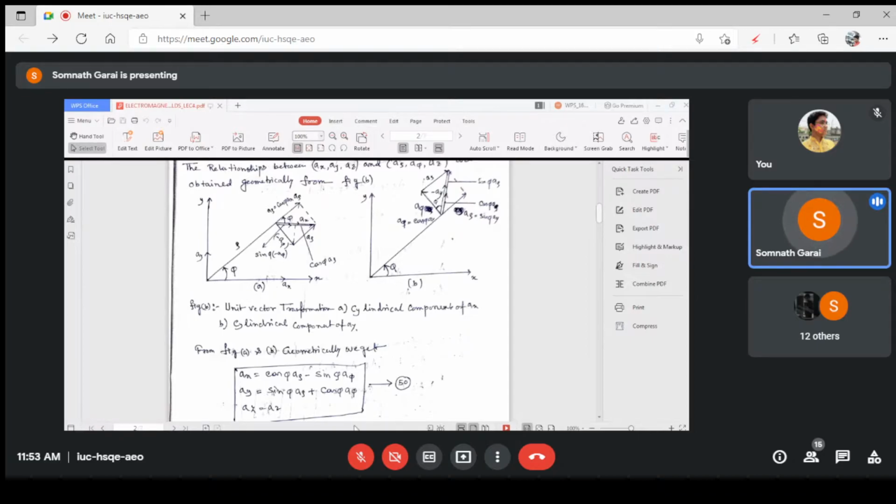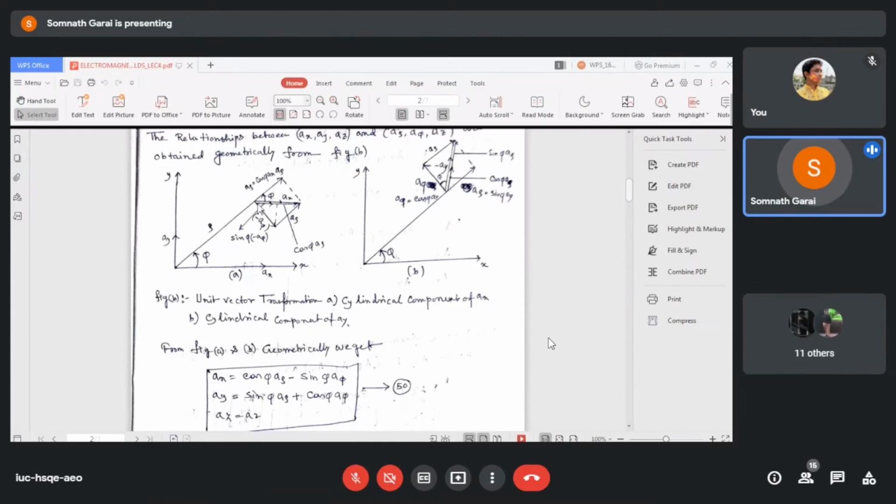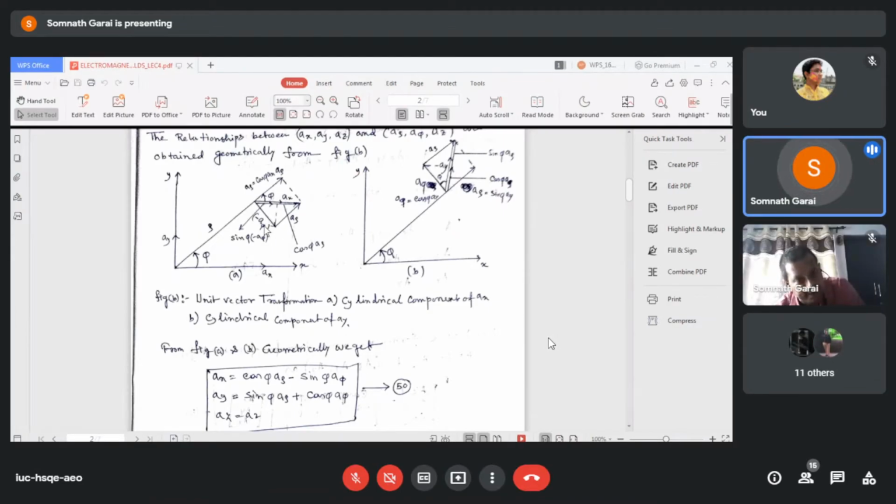So now again I explain. This is the direction of the a rho vector, and that is the direction of the minus a phi vector, because the a phi vector direction is that direction, but this direction is opposite. That's why it is minus a phi. Now we divided a rho and a phi into two components. As this is phi, this angle is also phi according to the geometrical hypothesis.